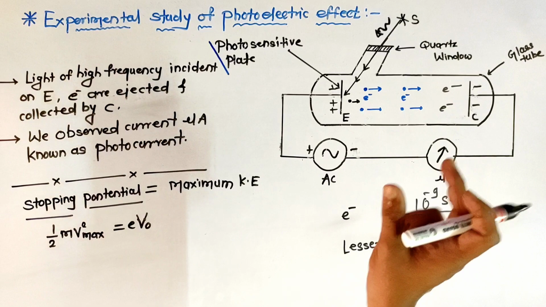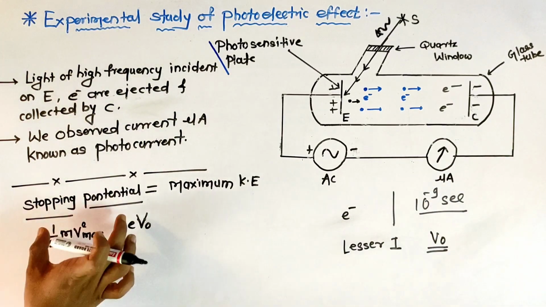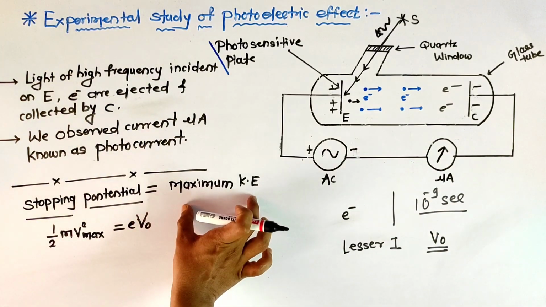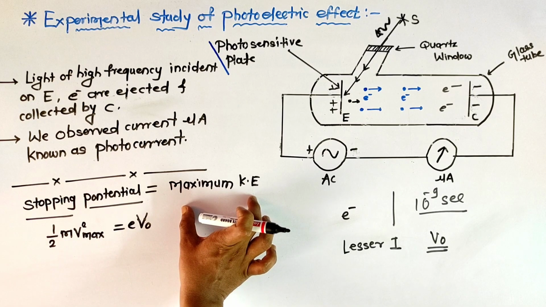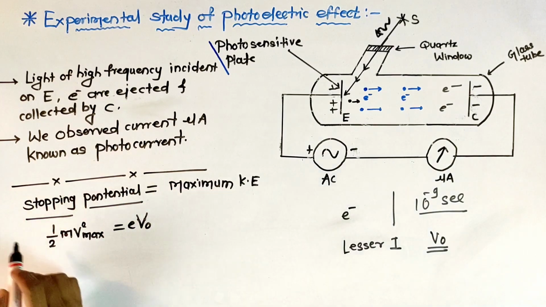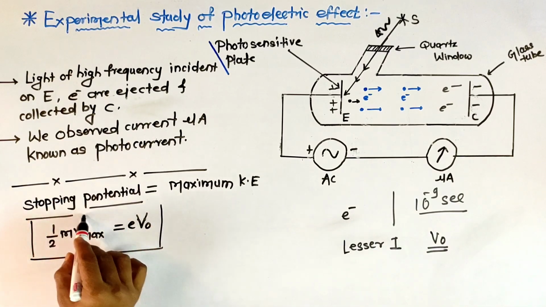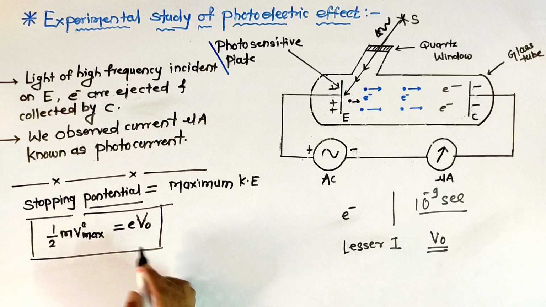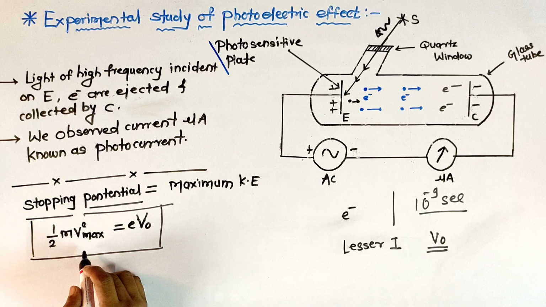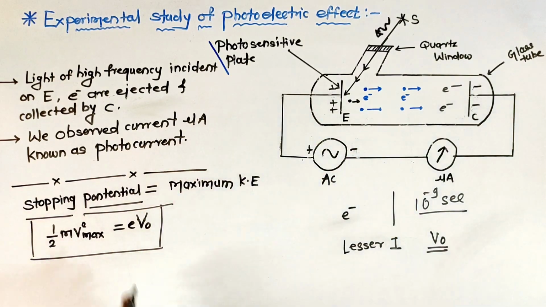From here we are going to see one relation. The stopping potential is related to the maximum kinetic energy of the emitted electron, and from this we write the equation: half m v square is equal to e into V naught, where V naught is my stopping potential, e is the magnitude of the electron charge, v is the maximum velocity of the emitted electron, and m is the mass of the electron.